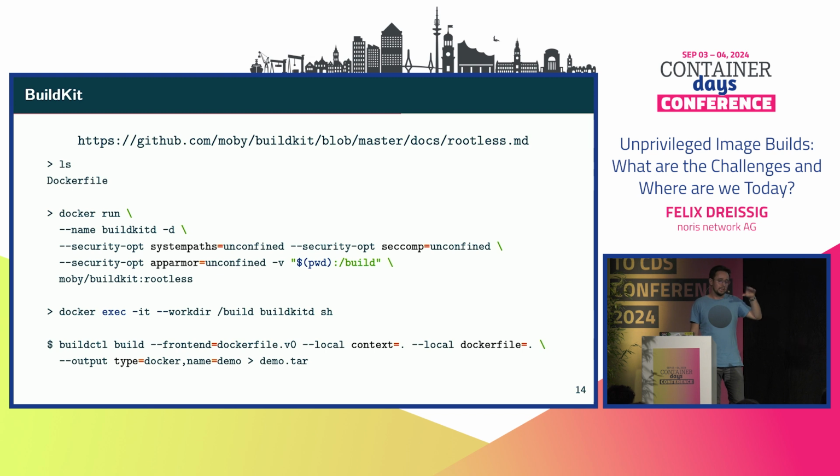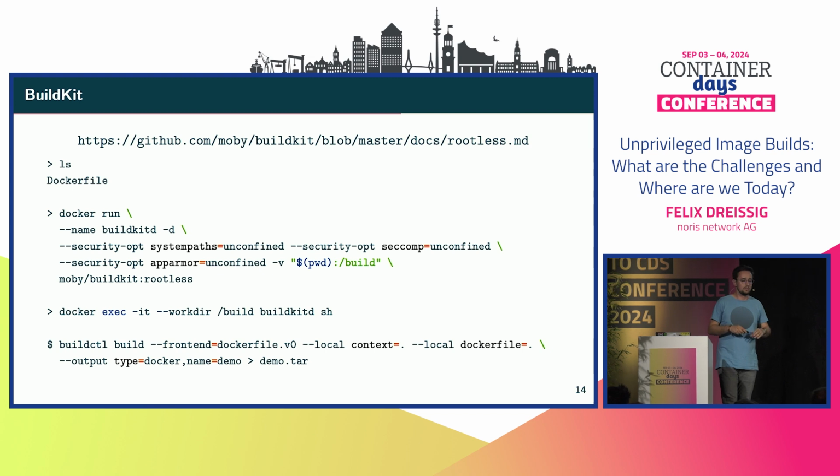Then we have this container running with the BuildKit daemon in it, and we can exec into it and run buildctl to perform the actual build. We tell buildctl, okay, we have a Dockerfile, and in this case, please output this to a Docker tarball, but you can also just push it to a registry, generate an OCI image, whatever.